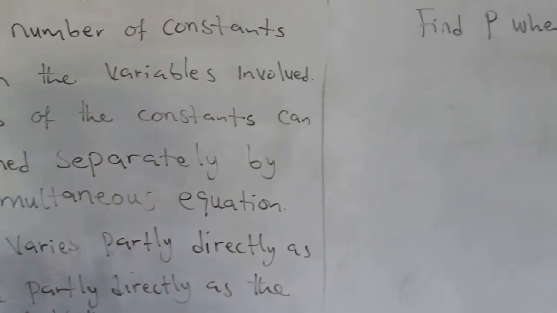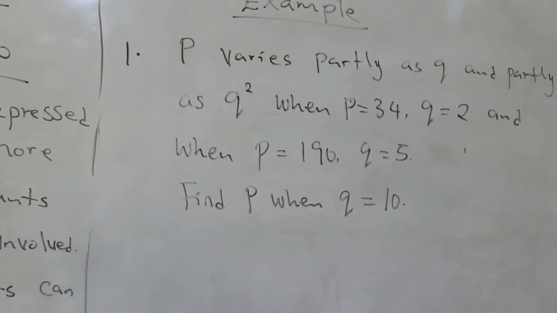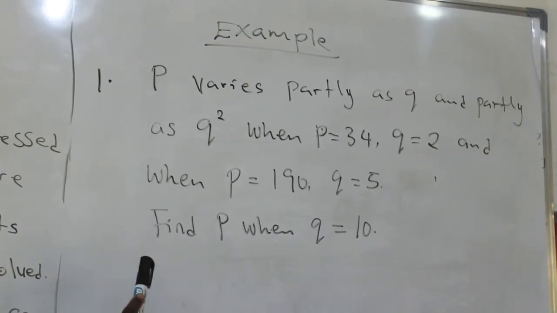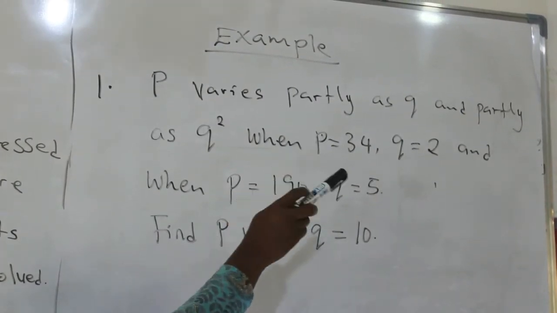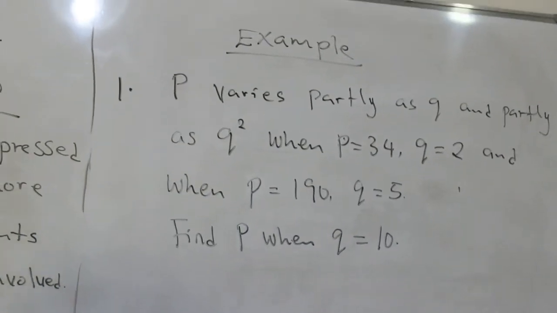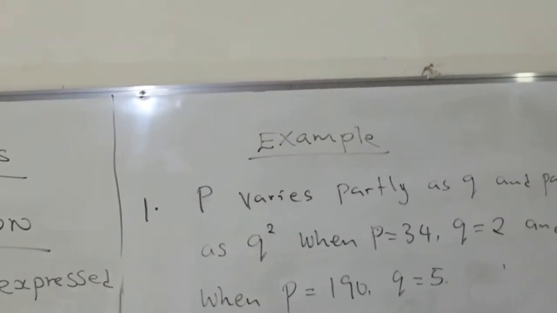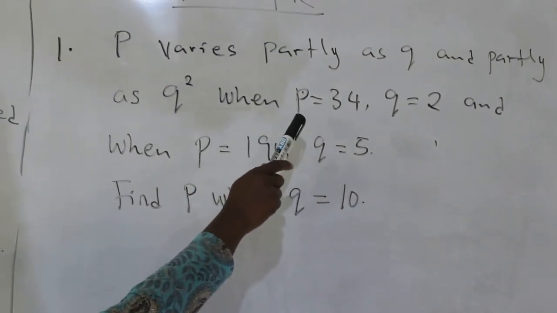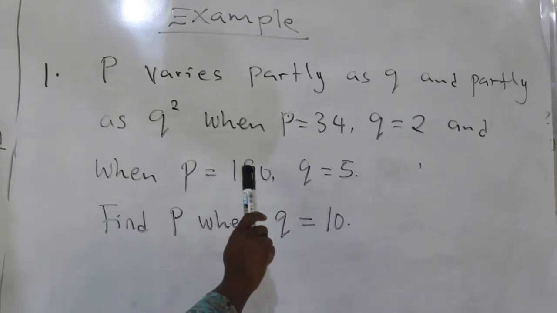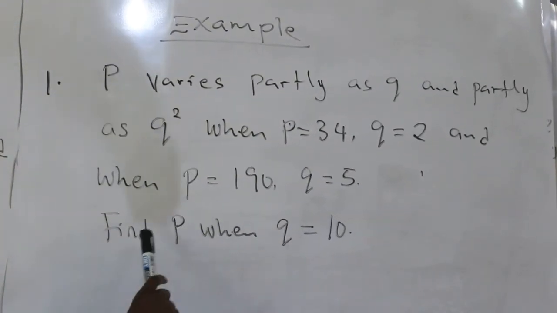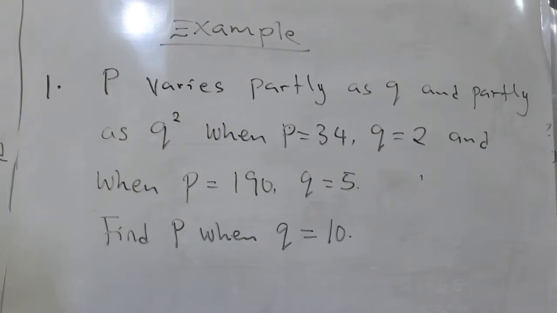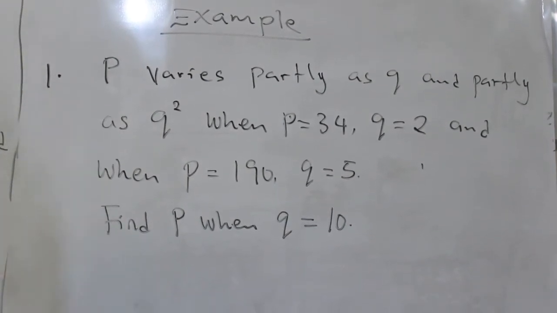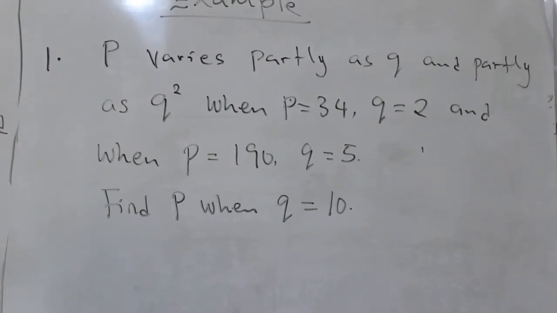Let's look at examples. The first example on the board, we have p varies partly as q and partly as q squared. I believe you know that q and q squared, they are not the same thing. They are different things altogether. So when p is equal to 34 and q is equal to 2, and when p is equal to 190 and q is equal to 5, find p when q is 10.